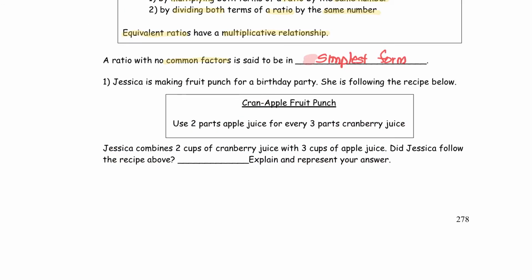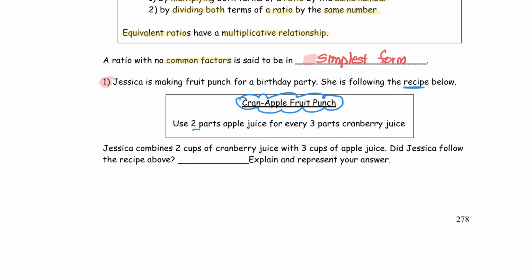Let's take a look at an example problem. Number 1, Jessica is making a fruit punch for a birthday party. She is following the recipe below. Now remember, we talked about how important it is to follow recipes, and she's going to be making a cran-apple fruit punch.